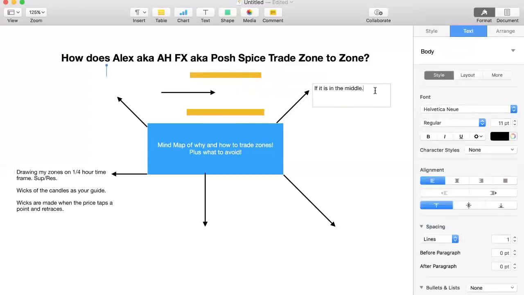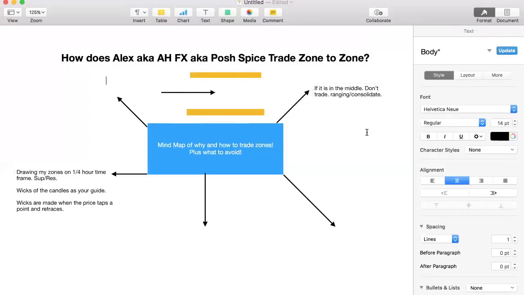Don't trade. How to avoid: don't trade, because you don't know whether it's going to go up to the top zone or the bottom zone. It's essentially ranging, might consolidate, and you don't want to trade in the middle of a zone, because you don't understand where the price is going to go.